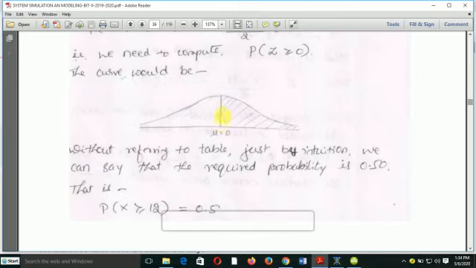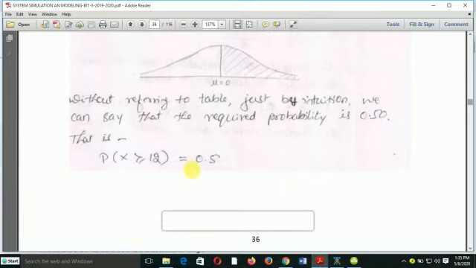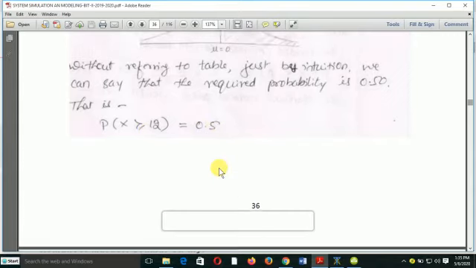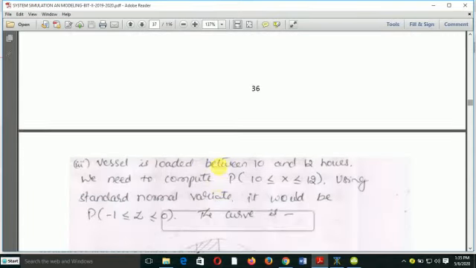By using our eyes, we can see that the probability is half, because we are here in the half of the graph. So it will be 1 out of 2, or 0.5. So the probability that the vessel will be loaded in more than 12 hours is 0.5.